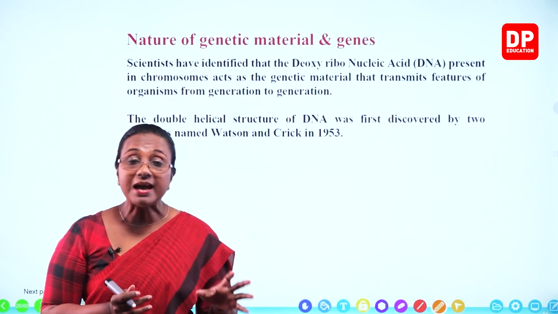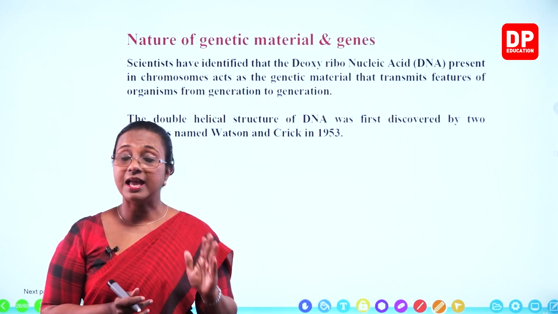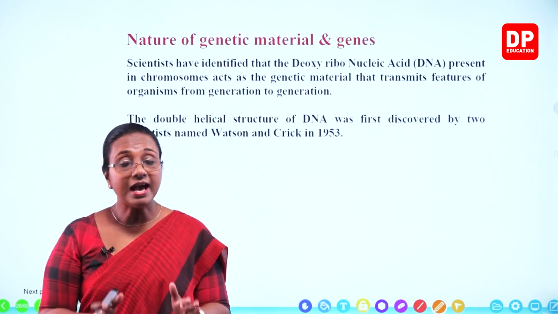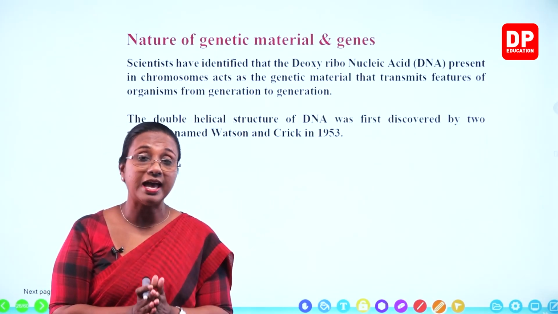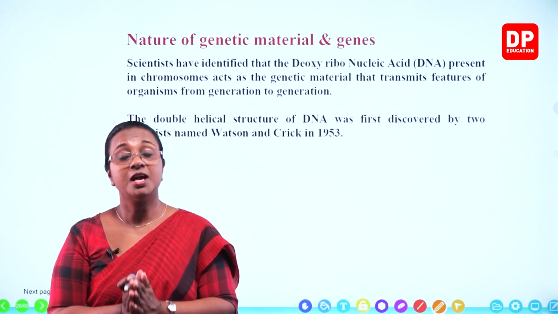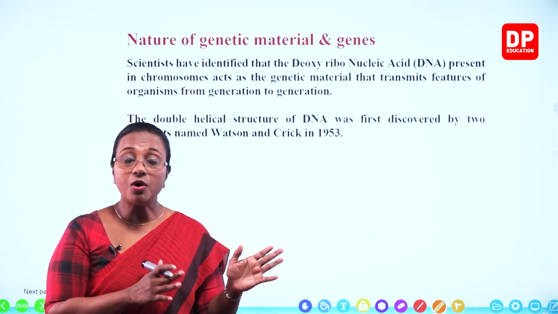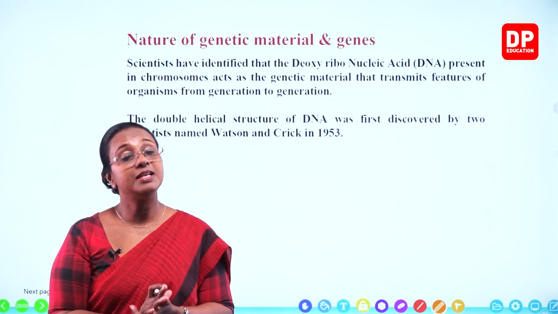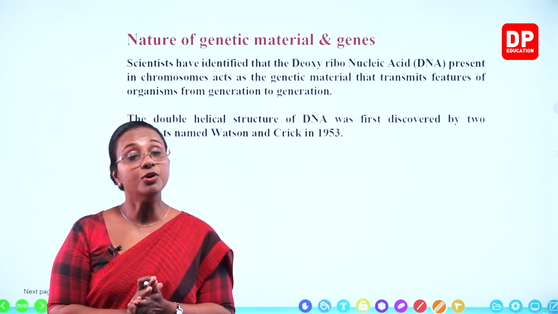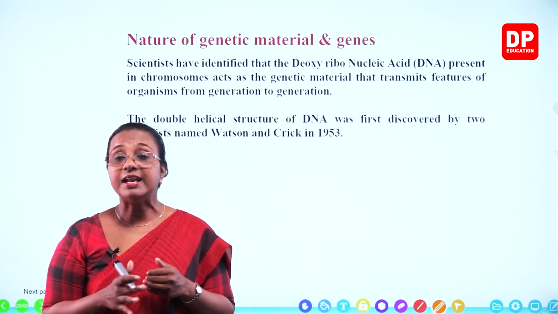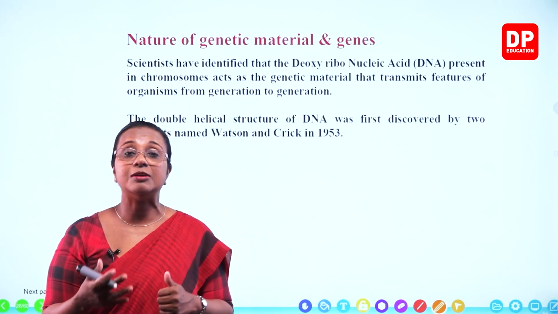But in bacteria, there can be either DNA or RNA, and their RNA also can store genetic information. But that is only in bacteria. In all the other organisms, it is DNA, deoxyribonucleic acid, that stores the genetic information. So that is what is known as the genetic material.